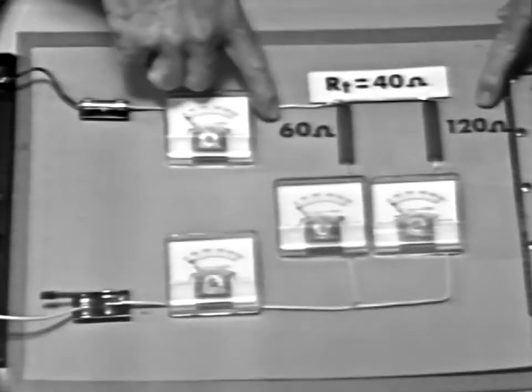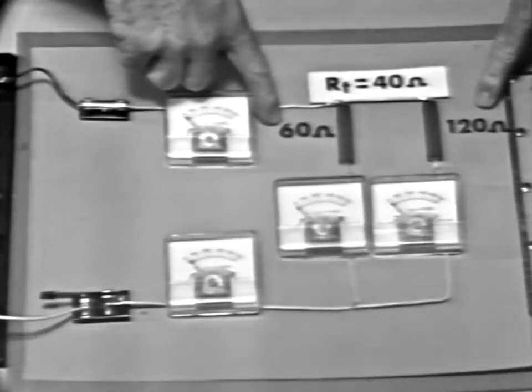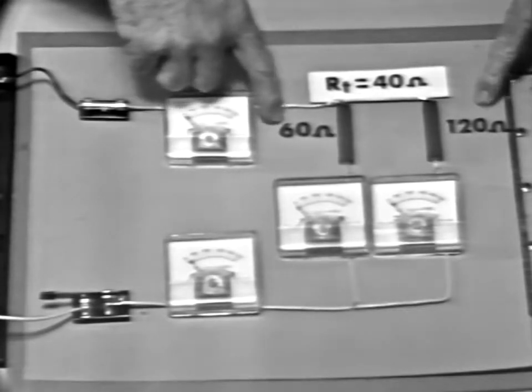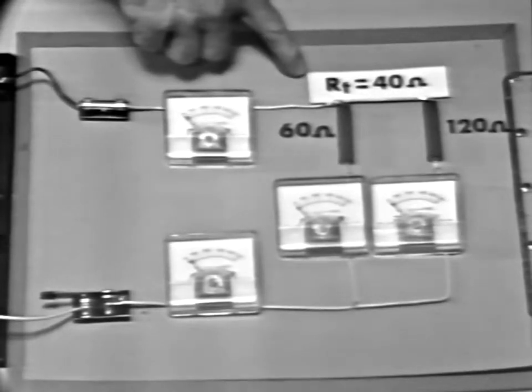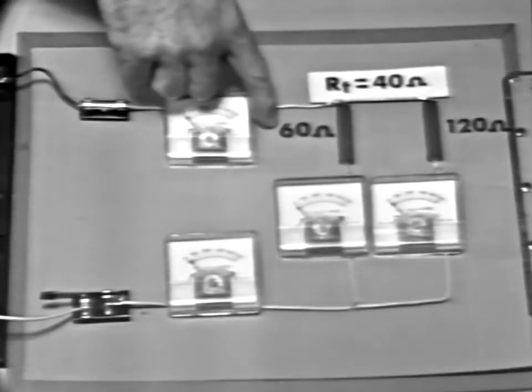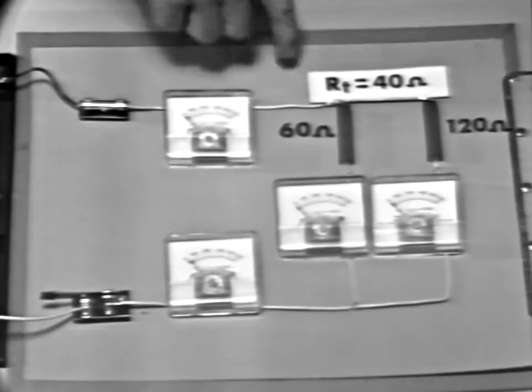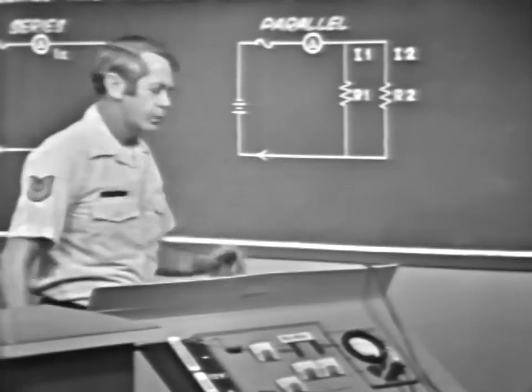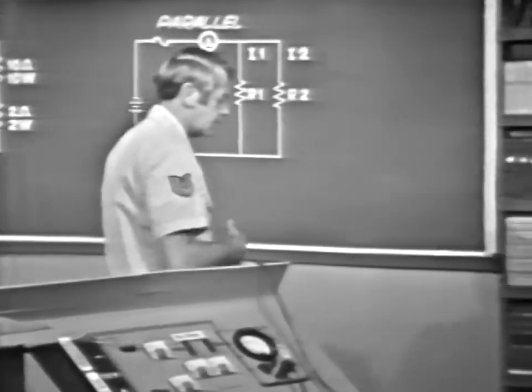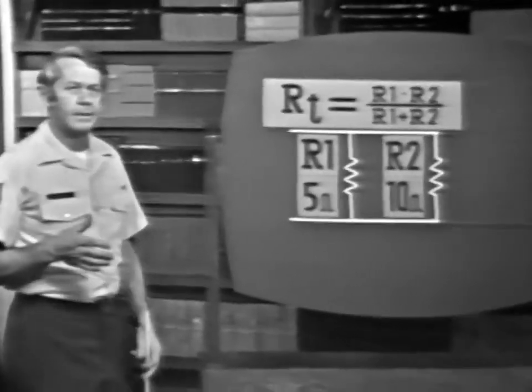By placing the resistors in parallel, we increase the cross-sectional area. Total resistance, then, is less than the smallest branch resistance. If you'll recall, we measured a total resistance of 40 ohms in this circuit. Of course, the more resistors we add in parallel, the more the total resistance will decrease.